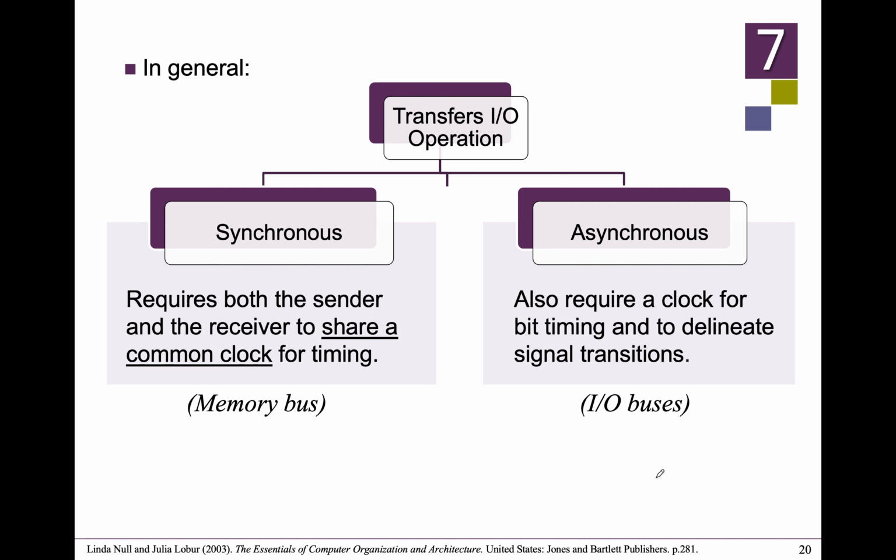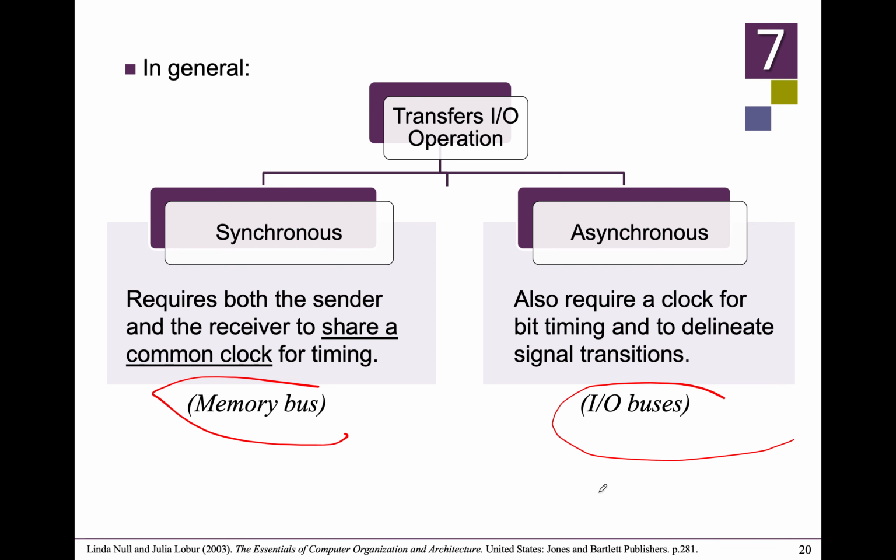So here there are two types of transfer in I/O operation. One is asynchronous, one is synchronized. For synchronized, it's called a memory bus, and for the unsynchronized it is the I/O bus.